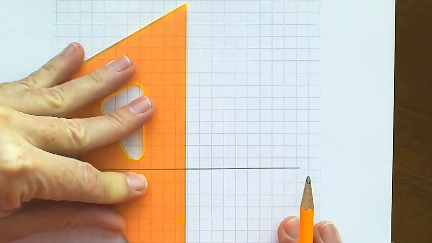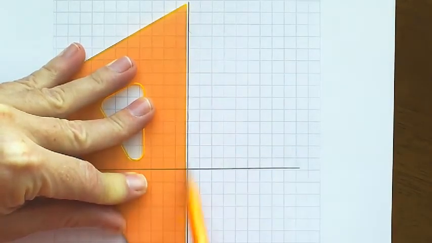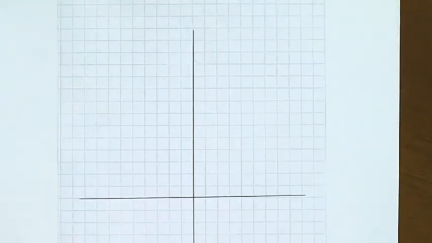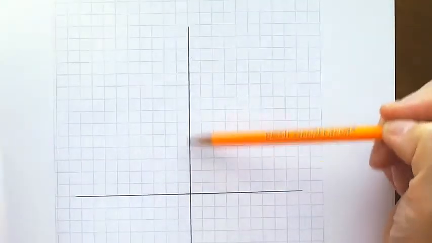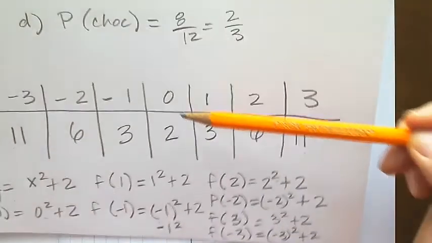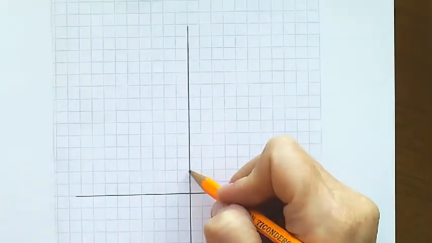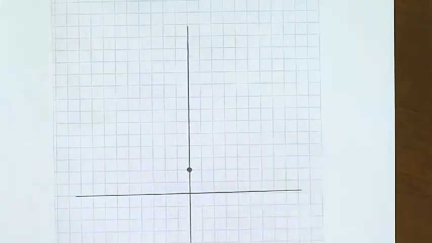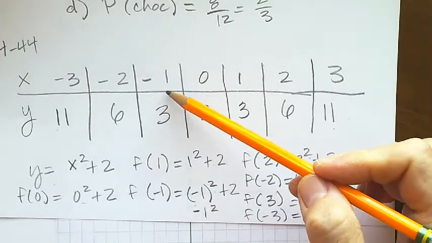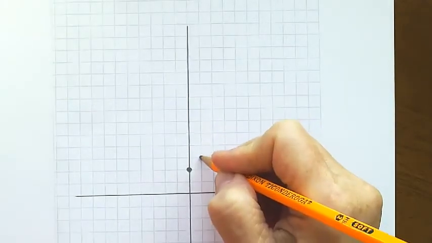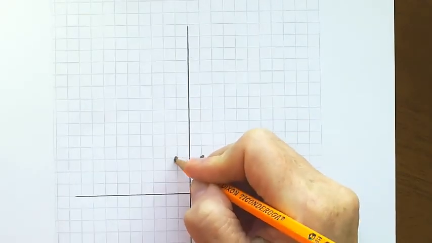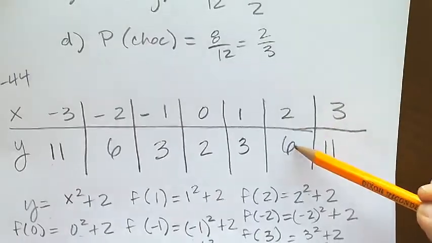Okay, putting my x-axis far enough at the bottom of the paper so that when I graph this set of points, negative 3, 11, and positive 3, 11, I can go up 11. So I'm going to start with 0, 2. 0, 2 will be on the y-axis. Now we have negative 1, 3 and positive 1, 3. Okay, then we have positive 2, 6, negative 2, 6.